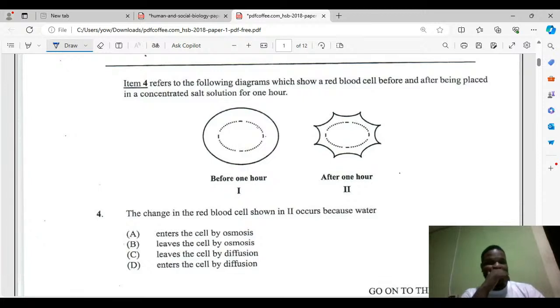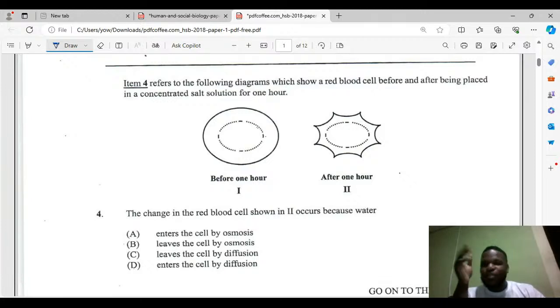So you're saying it leaves by osmosis, because it can't be diffusion. We take that out, and again, we see the same thing they tested before. They asked the same type of question with the visking tube, and the same question comes back in a different way. If you understand the visking tube concept, you understand this. That's why nothing beats concept.